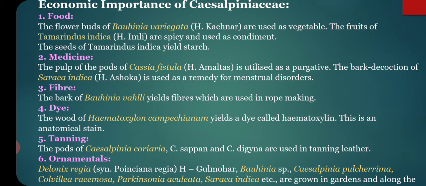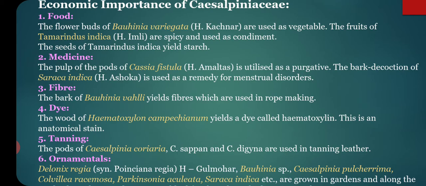Then tanning industry, that is the pods of Caesalpinia coriaria and Caesalpinia digyna are used in tanning leather. That is, the tanning process you all know. When the animal skin is converted to leather, it needs a chemical treatment.